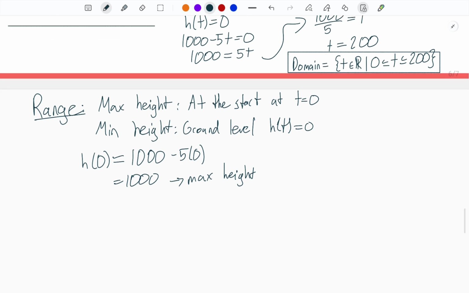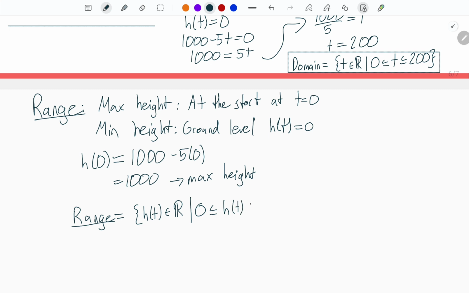So she's going from 1,000 to 0, but when we write our actual range, we like to go from least to greatest. So I'm going to say h of t, so the h for the height, is a real number such that, from least to greatest, the least is the minimum 0, all the way up to 1,000.